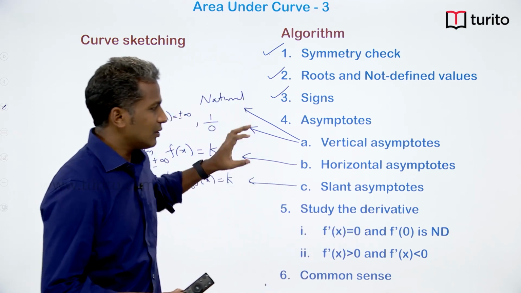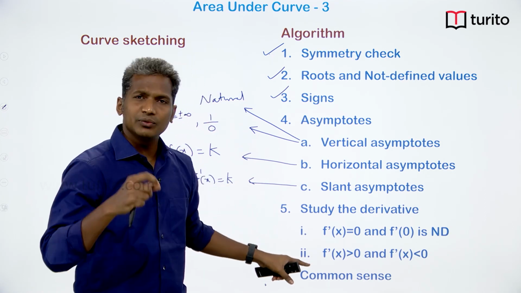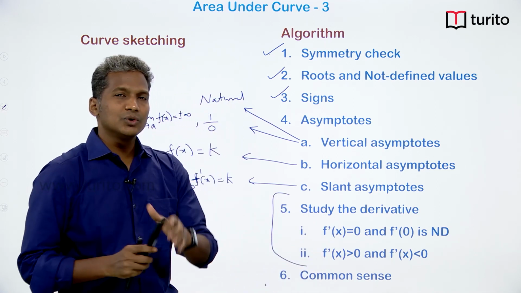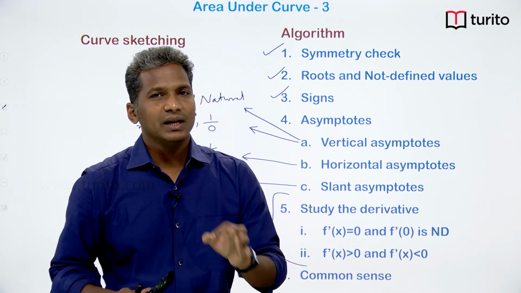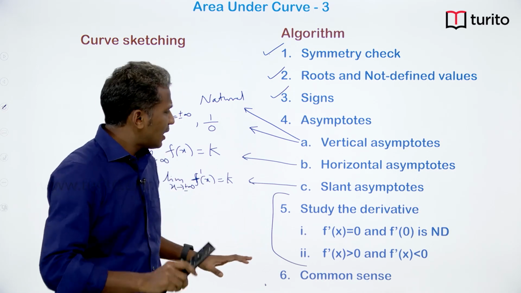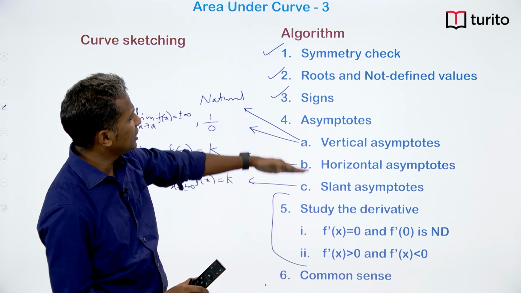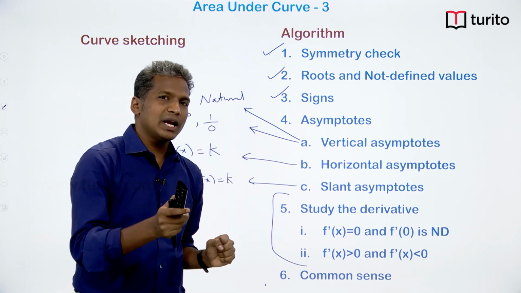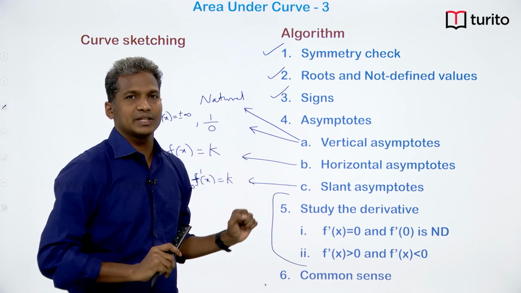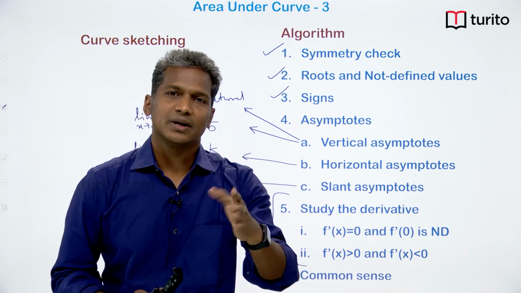Now, studying the derivative, understanding derivative 0 and derivative being positive and negative, this is a cakewalk for all of you, because most of you have practiced very well in applications of derivatives. So, the questions that I am designing are not actually based on this 5th step, they are based on only these 4 steps. So, today I will take maximum examples which cover only these 4 steps, not the 5th step. The 5th step is minimized today intentionally just to suit your practice.